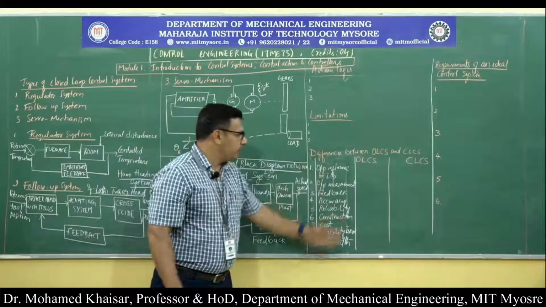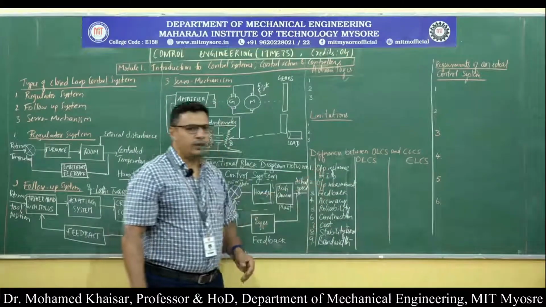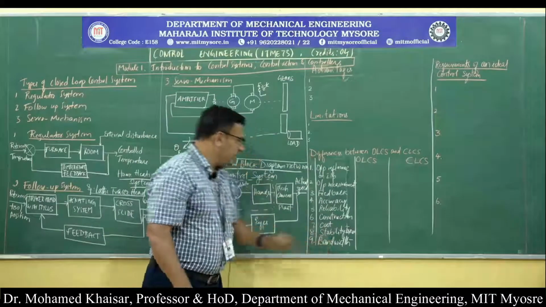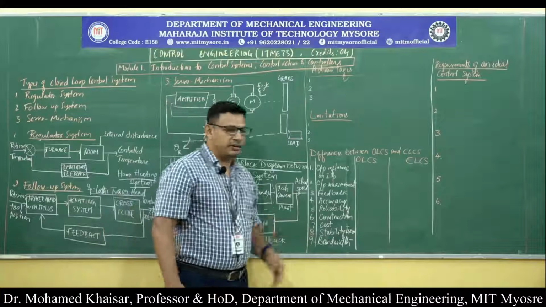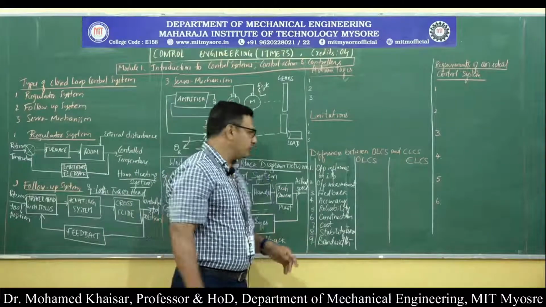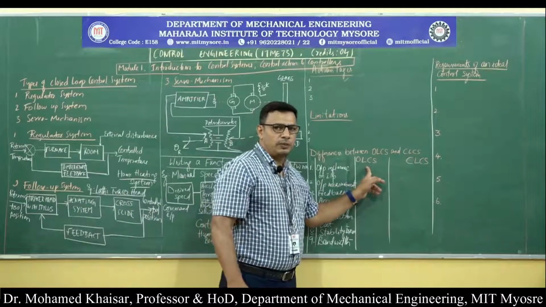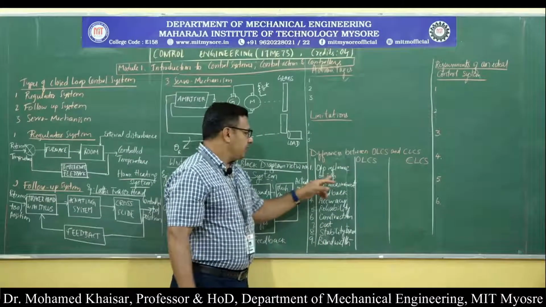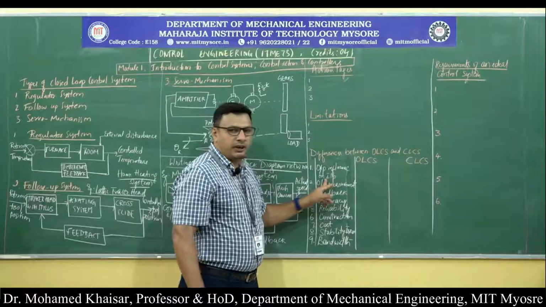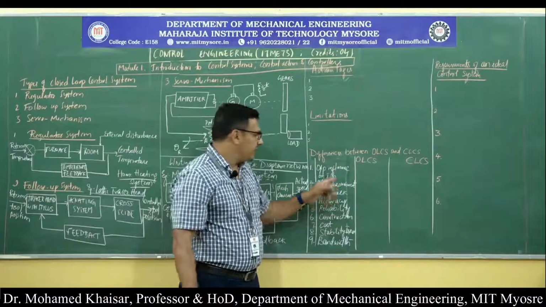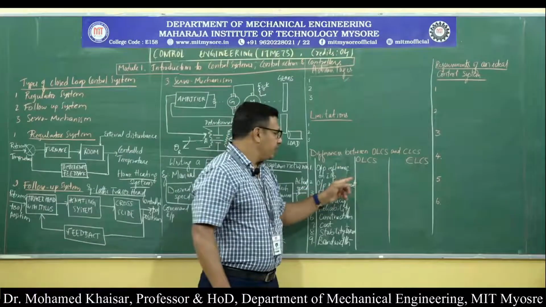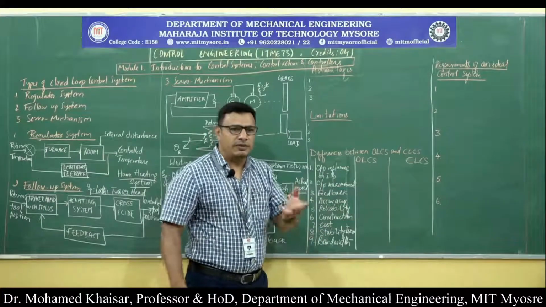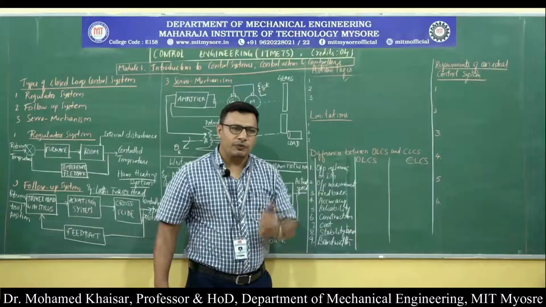Now, let us put down the differences between the open loop control system and the closed loop control system. Based on these factors, we can easily differentiate them. OLCS stands for open loop control system, CLCS stands for closed loop control system. Based on the output influence on the input: as per the definition, in the open loop control system, output does not influence the input because there is no output measurement, there is no feedback.